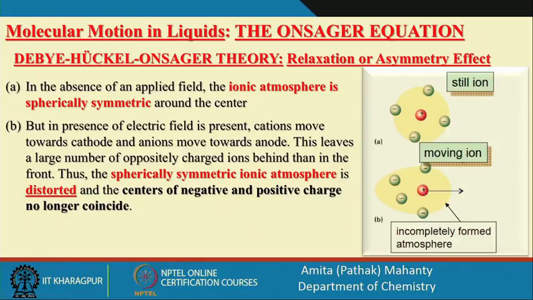The spherical symmetric ionic atmosphere is distorted. The centers of the positive and the negative charges no longer coincide, so you have generated a sort of asymmetry in the charge and the surrounding atmosphere.